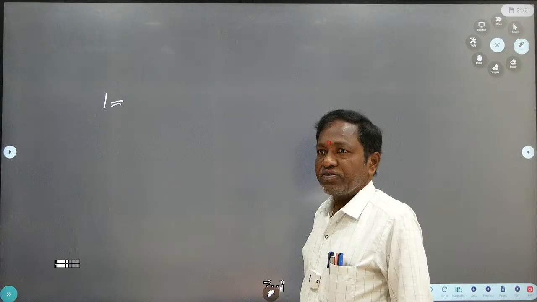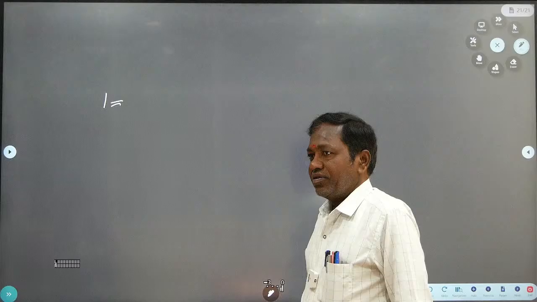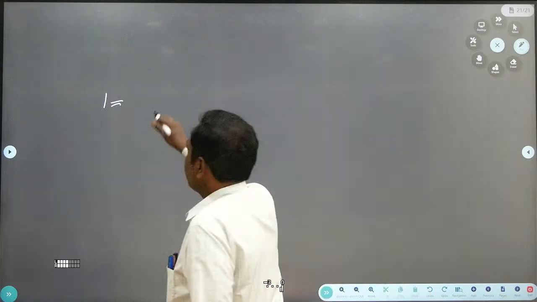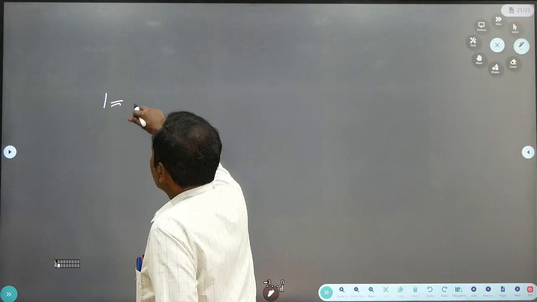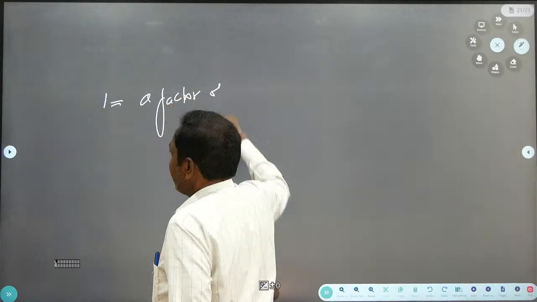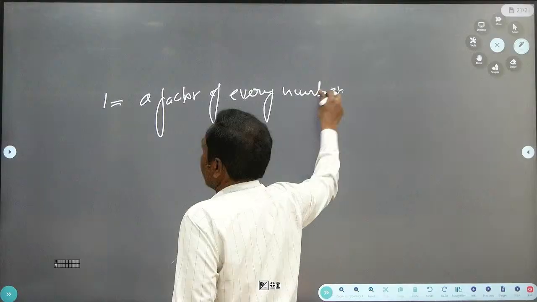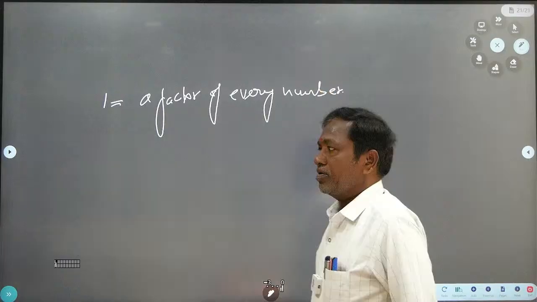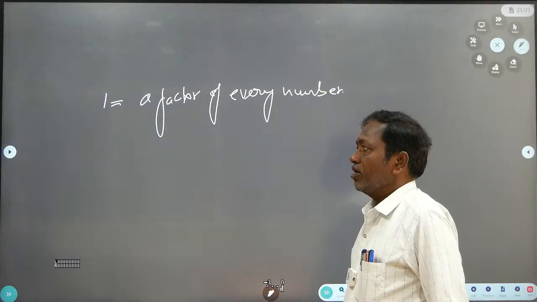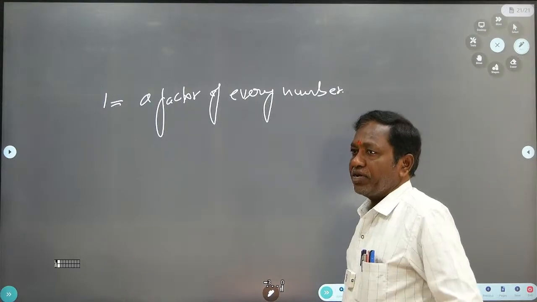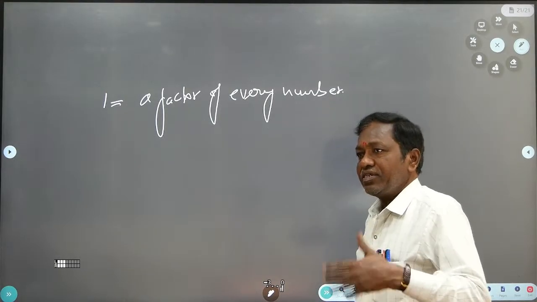Uniqueness of numbers. 1 is a factor of every number. 1 is neither prime nor composite. A factor of every number.